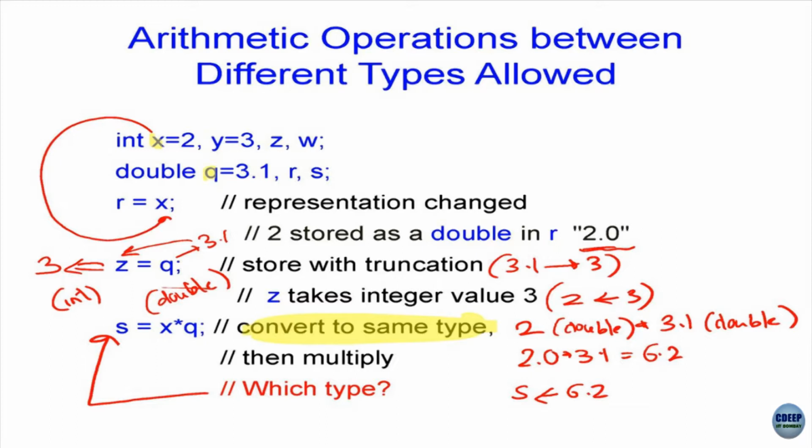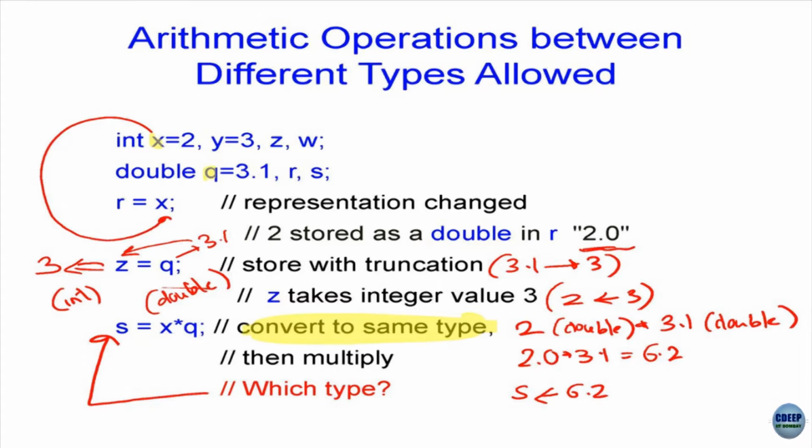What happens in the third case? So first, x and q are converted to the same type. This is an important step. Which type? X is of type int, q is of type double.